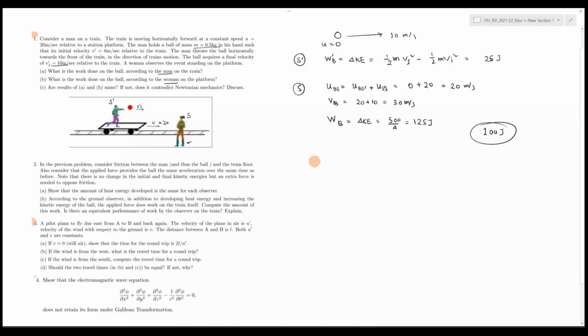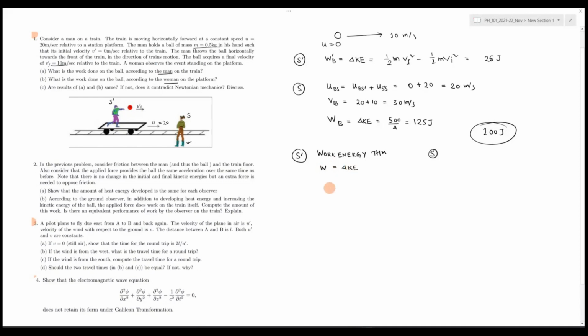If you write the work energy theorem from S prime and also from S, it should not contradict. Work from S prime or S, both should give the correct expression. The work energy theorem says the work done by all the forces must be equal to the change in kinetic energy.